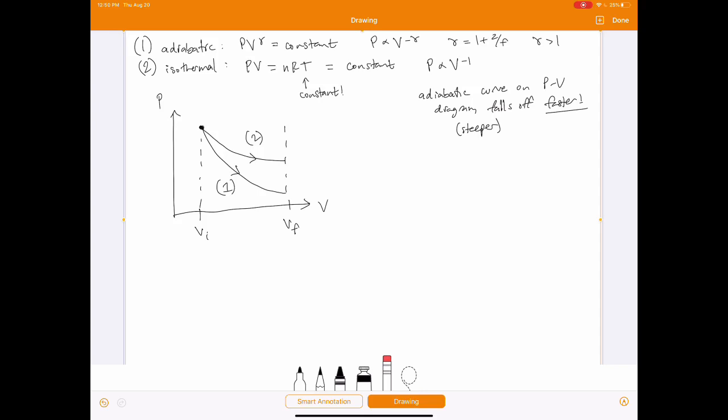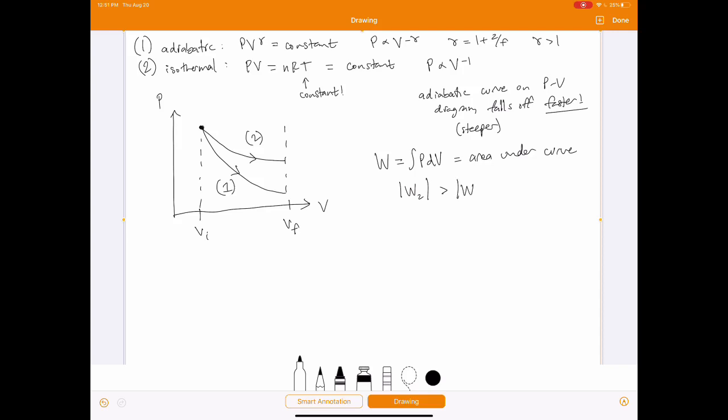Okay, well, we're comparing work. So clearly they don't involve the same amount of work. I hope that's clear from just looking at this. So work is integral PdV, which is, again, the area under these curves in the PV diagram. Well, clearly curve number 2 has more area under it because it doesn't fall off as fast.